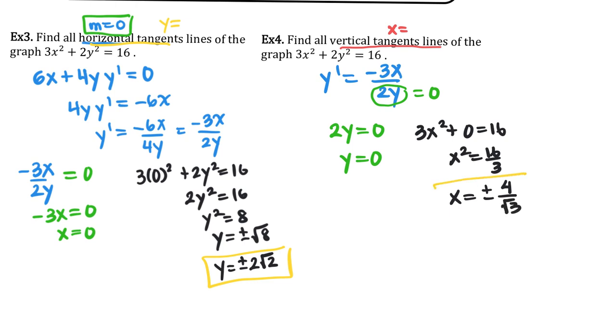And I think I'll leave it like that. I don't have a problem with that. Okay, so these are vertical tangent lines, so they say x equals, and they occur when the denominator equals 0, which made the slope undefined. I think we're good.